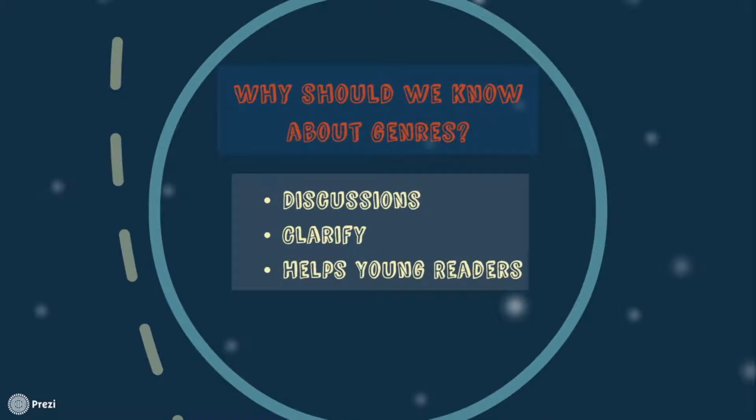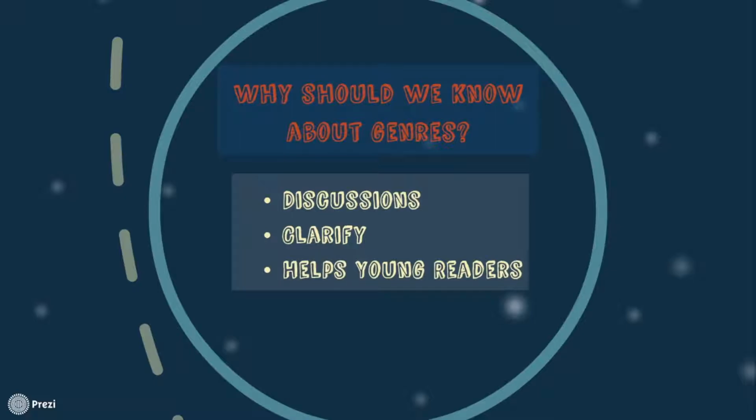Awesome. Let's move on. First, we want to start off with why should we know about genres, or what is a genre? A genre is a style or a category of literature that has a common set of characteristics. There are a few reasons why it's important to understand the concept and know the different genres.